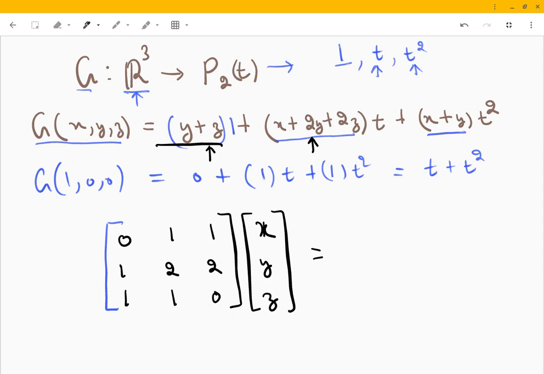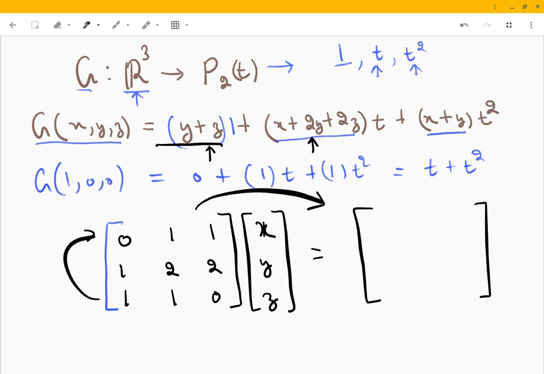So what can we evaluate from this matrix? Let's reduce it to echelon form and see what we get.